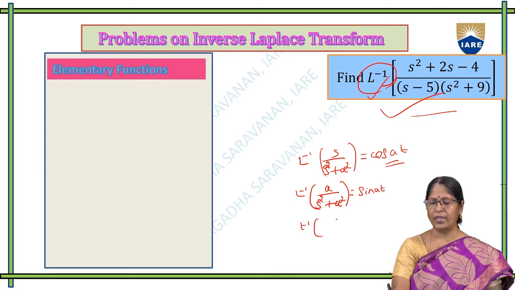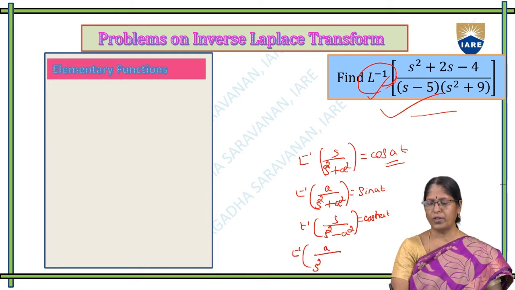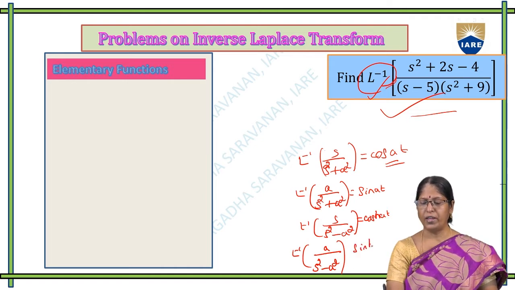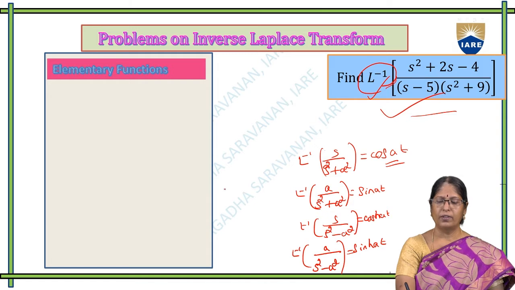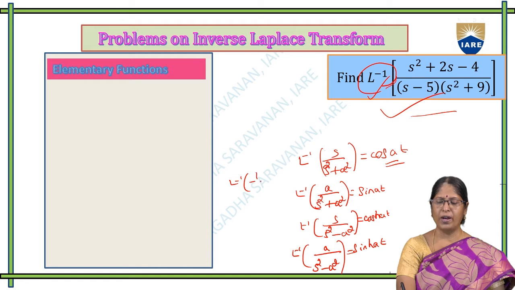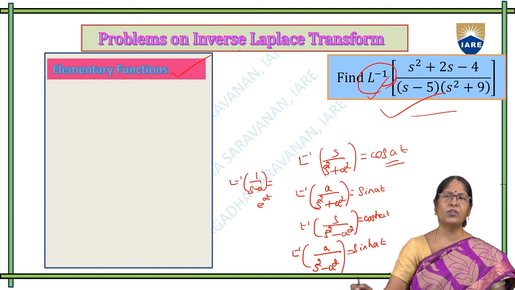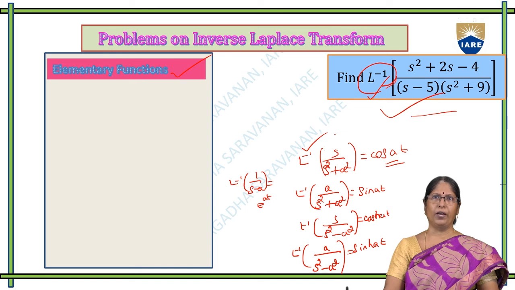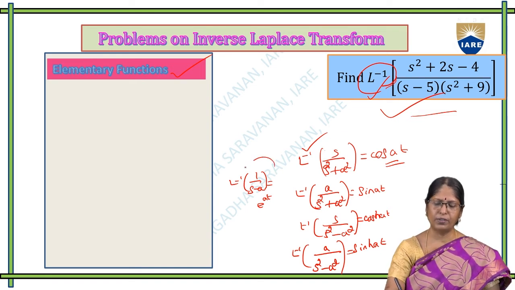L inverse of s by s square minus a square is cos h at. L inverse of a by s square minus a square is sin h at. In the similar way, L inverse of 1 by s minus a equals e power at. These are all the elementary functions related to the inverse Laplace formula.